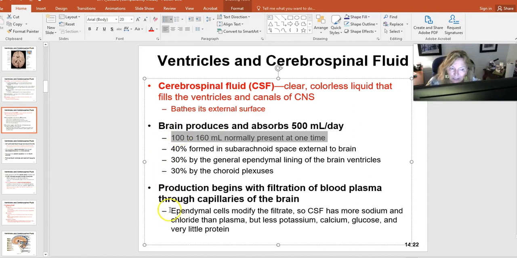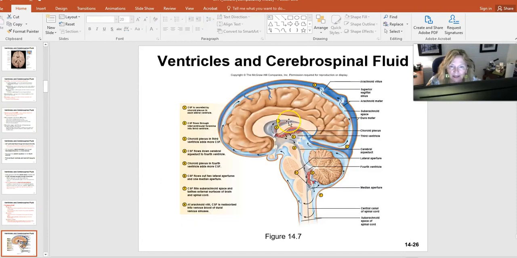The ependymal cells, the special glial cells that we learned about in our introduction to the nervous system, are the glial cells that are actually producing and secreting the cerebrospinal fluid, and as it migrates and bathes the area, the arachnoid membrane, which was that middle meninge, the arachnoid mater, has these areas where it's being reabsorbed.